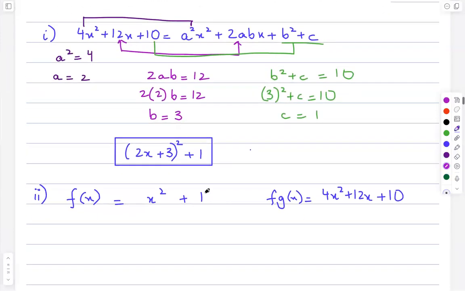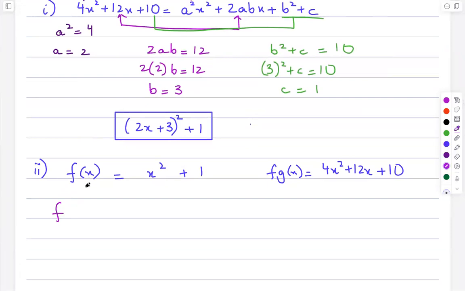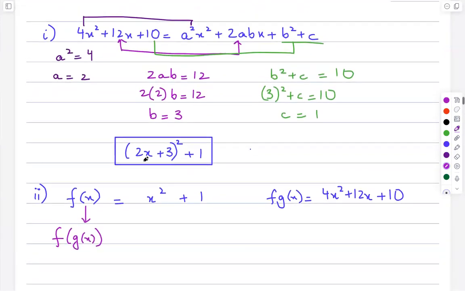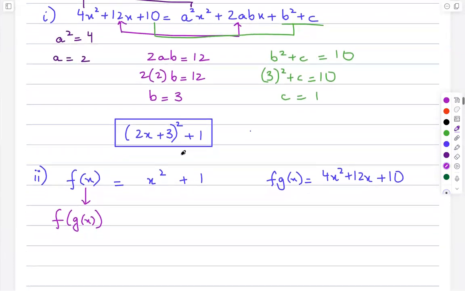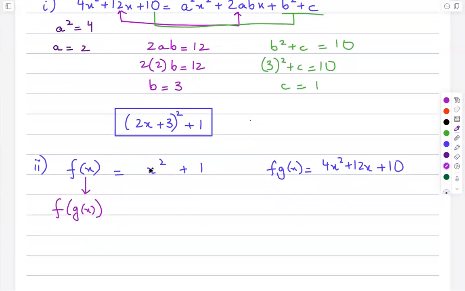Now, when we are finding fg of x, it means that in the function f, we have to substitute g of x. From the previous part, we know that 4x squared plus 12x plus 10 was converted to this form. So over here, we have to substitute in place of x such an expression that when we simplify it, it will be equal to 4x squared plus 12x plus 10.